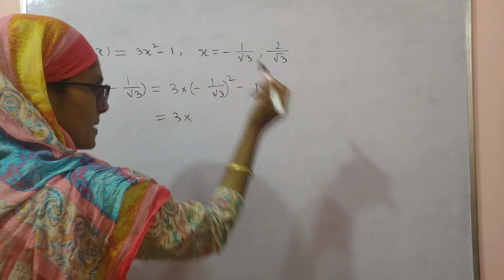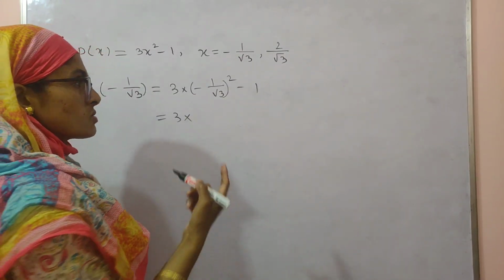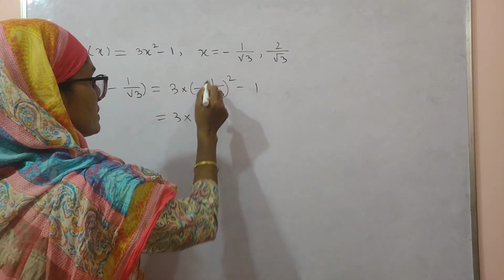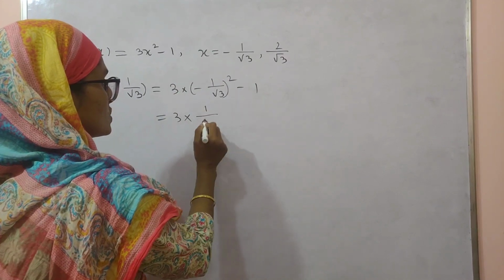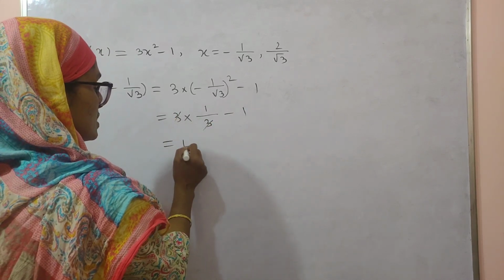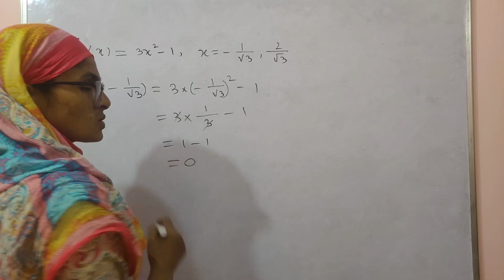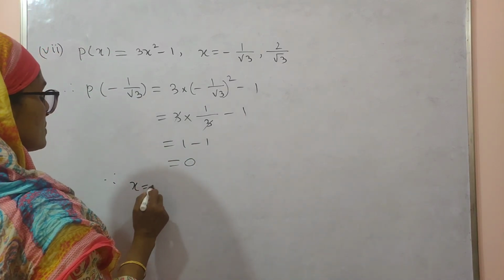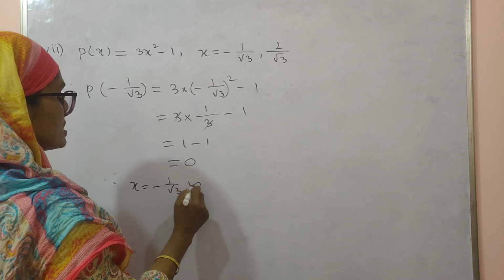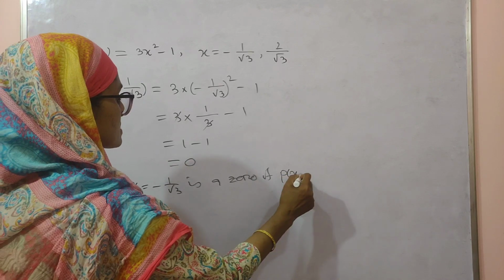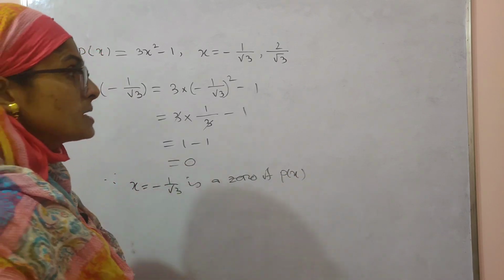Minus square, that means when power is even, then positive, 1 square means 1, root 3 square means 3. Minus 1. This one cancel. You will get 1 minus 1, which means 0. Therefore, x equal to minus 1 by root 3 is a 0 of p of x.